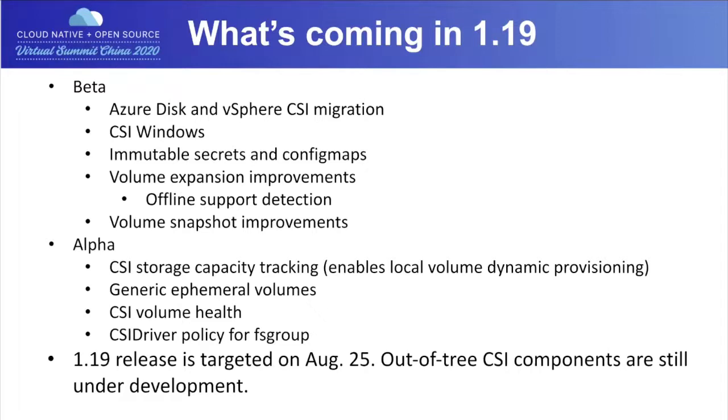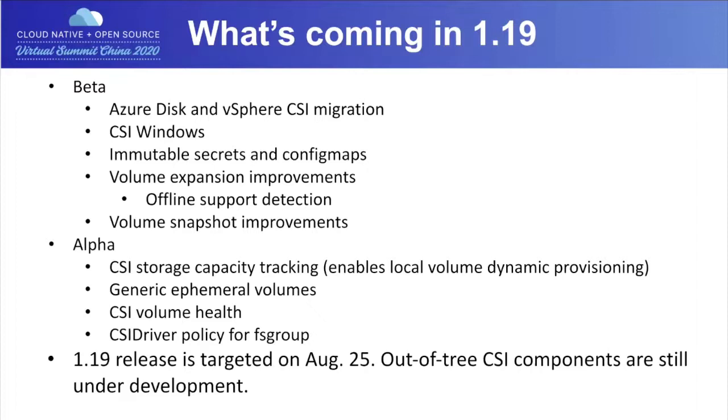Right now, volume health status is reported as events on the PVC objects, so you can build some monitoring on PVC events to determine if your volume is in a healthy state or not.